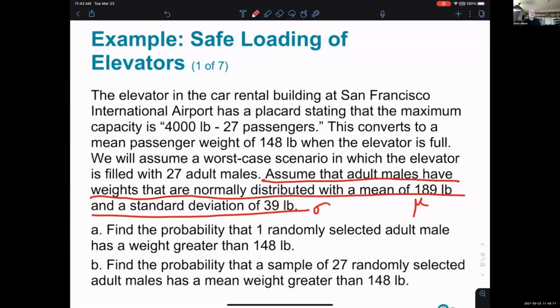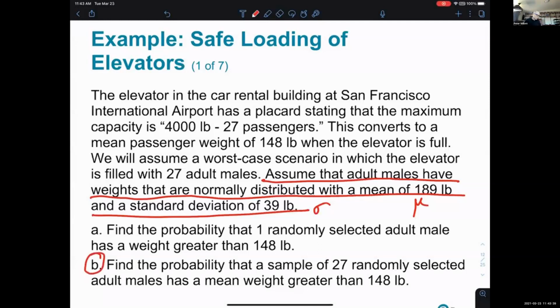So part A is stuff that we did in chapter 5, before chapter 6. Part B is where they then do what we're doing in chapter 6, in order to illustrate the difference between what we did before and what we can now do with the central limit theorem. For part B, let's focus on that for a second.